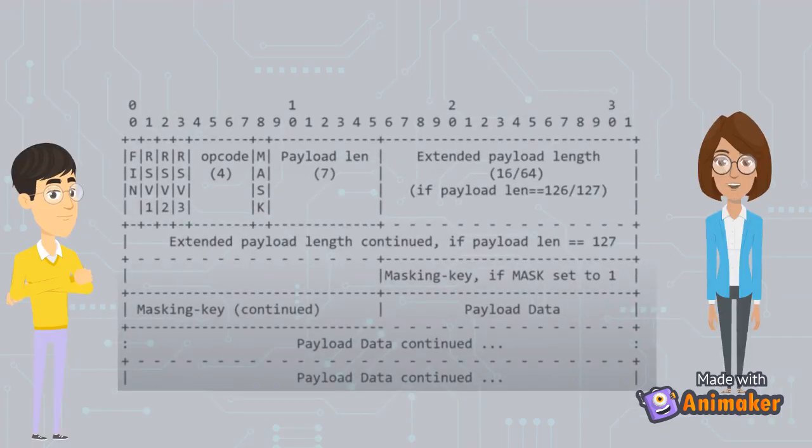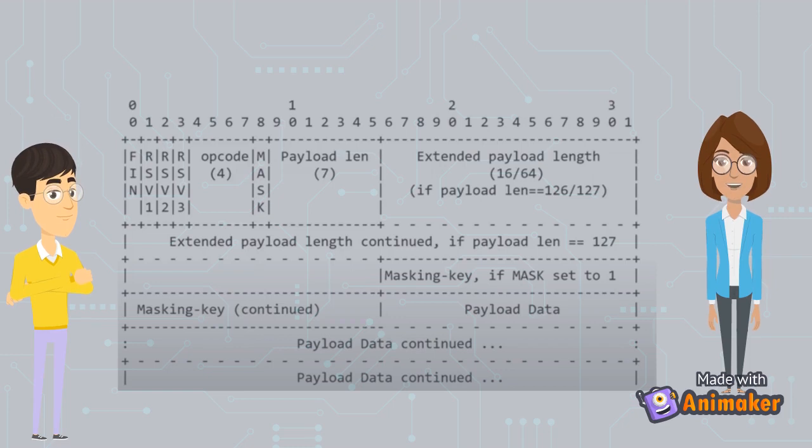The WebSocket frame header looks like this. This picture is from the RFC document. The main fields here are the operation code, which says what kind of frame it is. It can be a frame that transmits text data, binary data, a ping frame, pong, close, and other types of frames. The payload section is the data that actually needs to be transmitted.